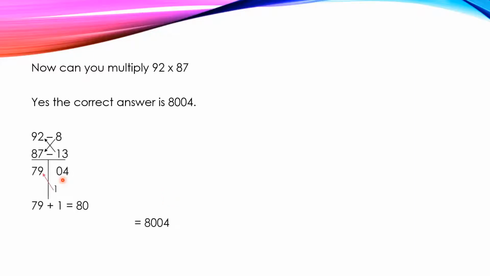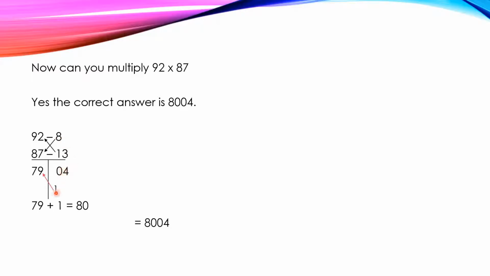Now, can you multiply 92 into 87? Yes, the correct answer is 8004. Now let's see how. 92 is 8 less than 100 and 87 is 13 less than 100. Now we will again make a partition and we will do 8 multiplied by 13.